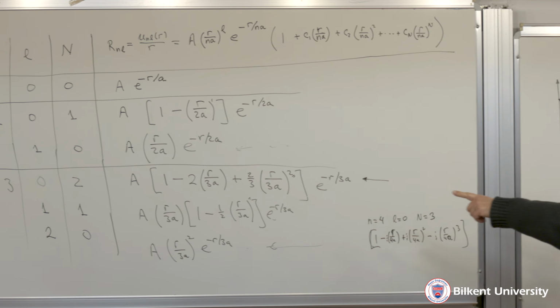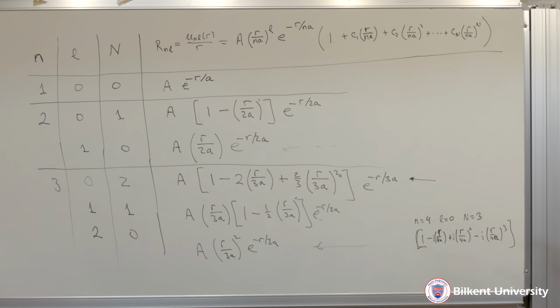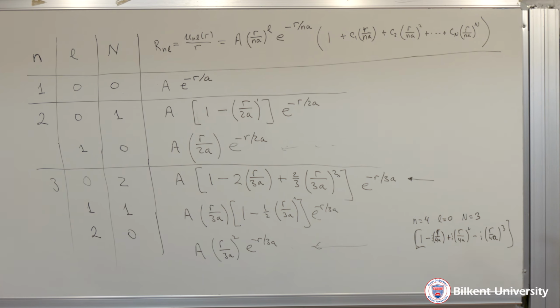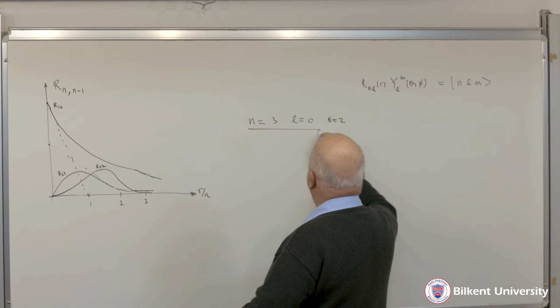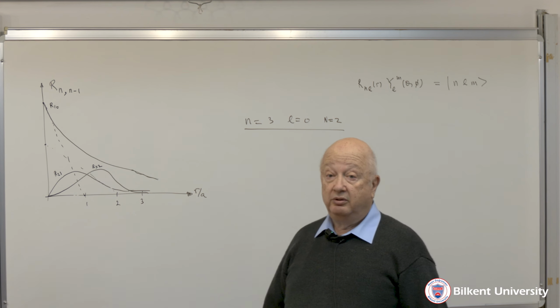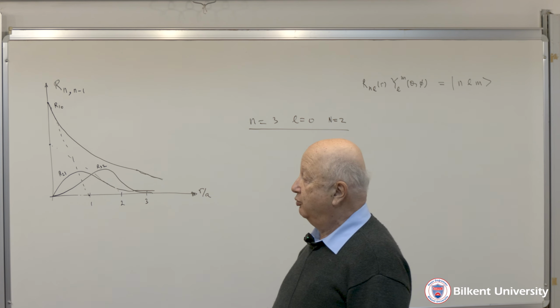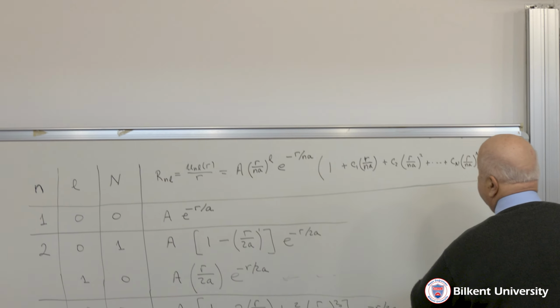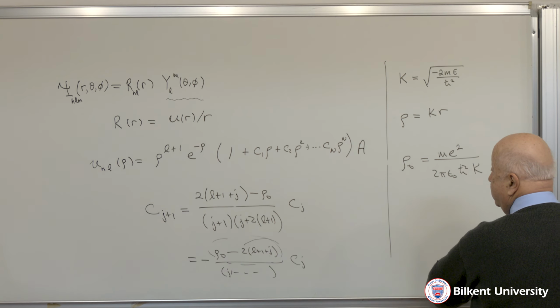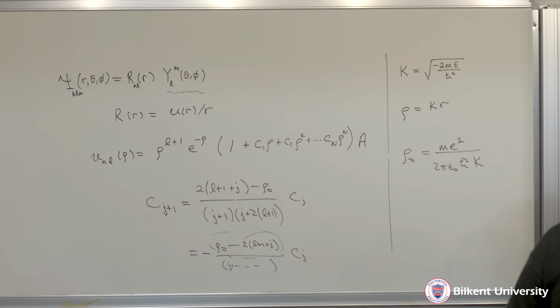So n is 3, l is 0 and capital N is 2, right? So I want to generate the polynomial for that. Now I go to my nice equation over here and start applying it.